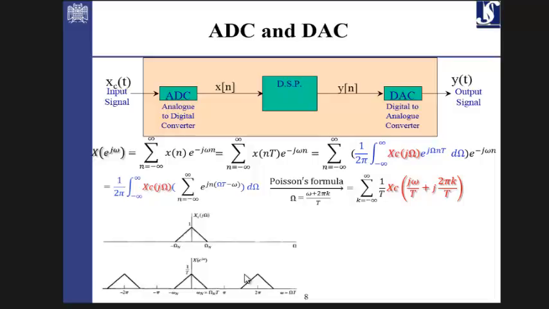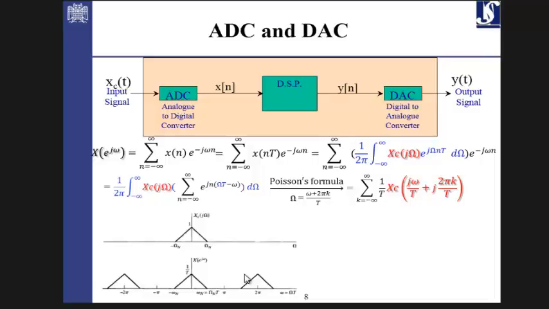If you have x of t, a continuous time domain signal, and you do the CTFT, what you get is X of j omega, and it's not necessarily periodic. And this omega goes from minus infinity to infinity. Just the positive frequencies make sense, but in general it goes from minus infinity to infinity.